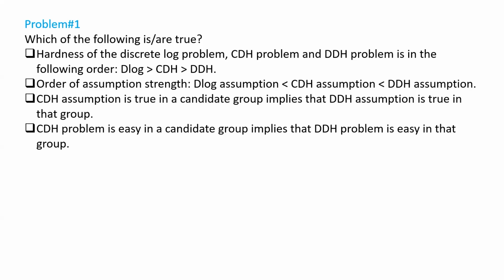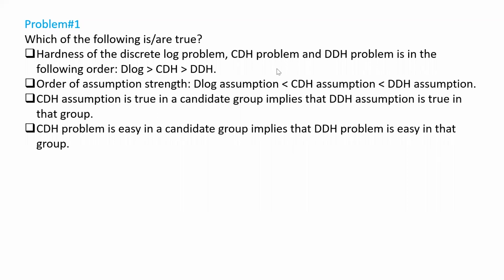Now, why do we say that the discrete log problem is harder than the computational Diffie-Hellman problem, that is the CDH problem? That is because, let's say you are able to solve the discrete log problem, so that will automatically imply that it is easy to solve the CDH problem.